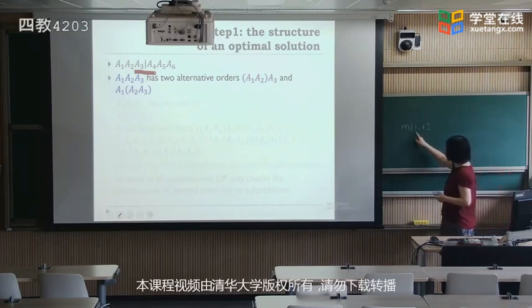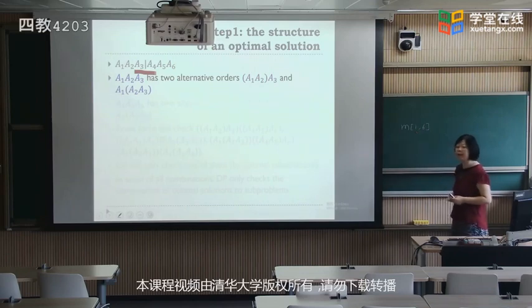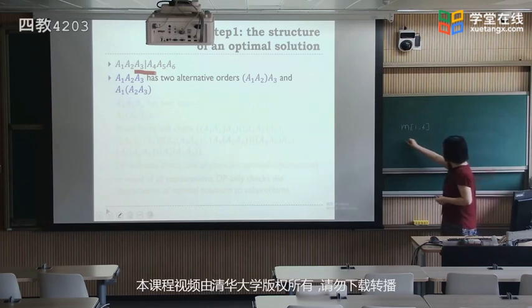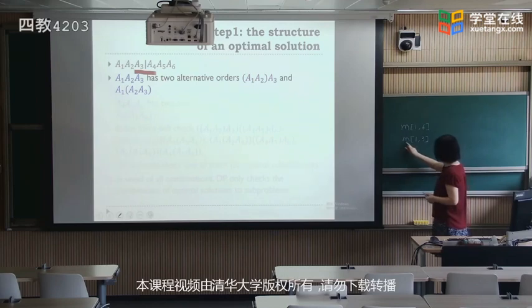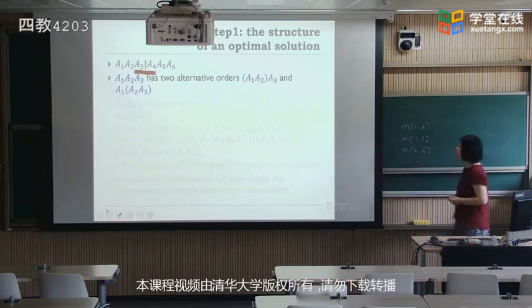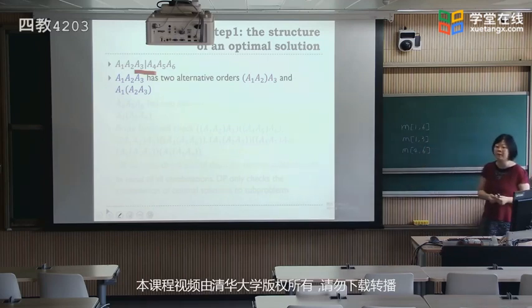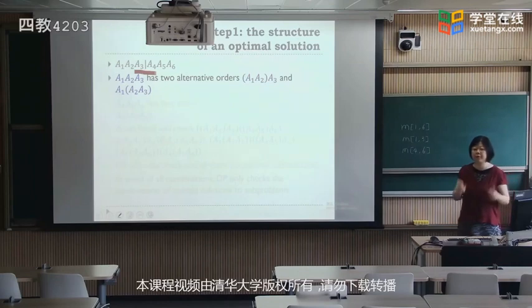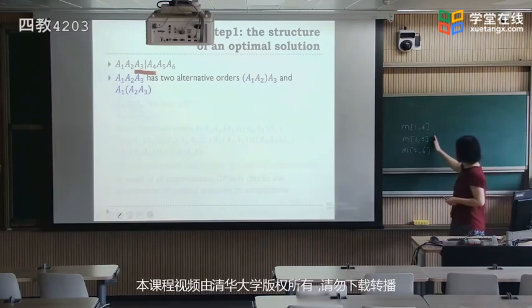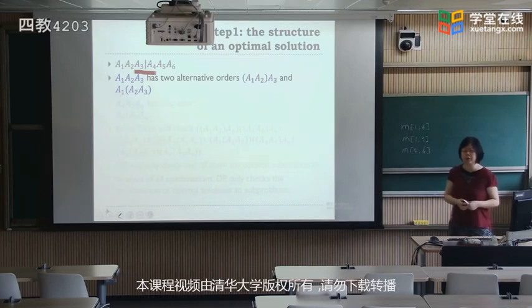So we want to write a recurrence for M from 1 to 6 with the result of 2 smaller subproblems, M1,3 and M4,6. However, there is a very important property in this problem to allow us to set up such a recurrence.